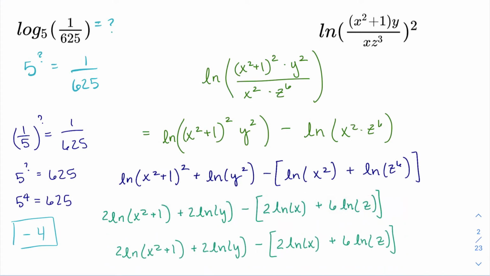So now I just real quick want to show you guys what this would look like had I not distributed in that 2 at the beginning. So my answer could also be, I would put brackets around the whole thing to show that that 2 was on the whole thing, and then the only term inside that had an exponent on it was the z. So these are the same exact answer, just depends on how you started it, how your final answer is going to look.